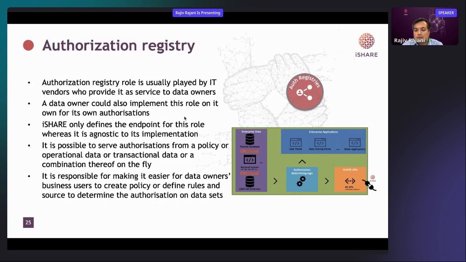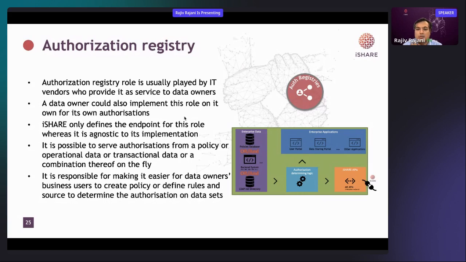Or it can even be not policies but actual transactional data, for example, from your backend systems, or your existing LDAP, AD, other directories which already store authorizations for certain users in terms of role-based access, which is more commonly used everywhere today.